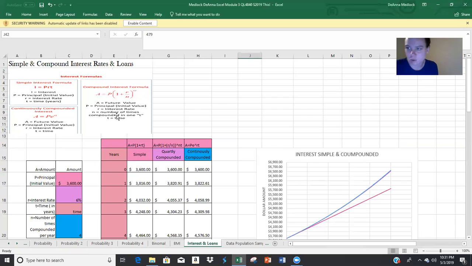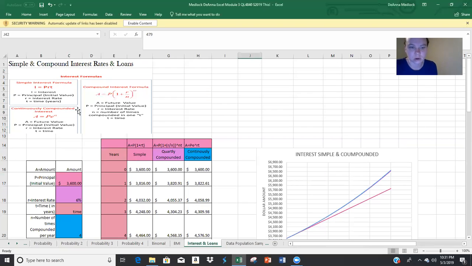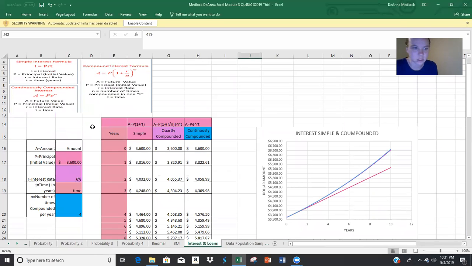Then we have another formula for if your interest is compounded, and you can have annually or different types of compounded interest. And then you can have continuously compounded interest, which is sometimes when your interest is compounded annually, and then they come back and they compound it again. And that's what that means.